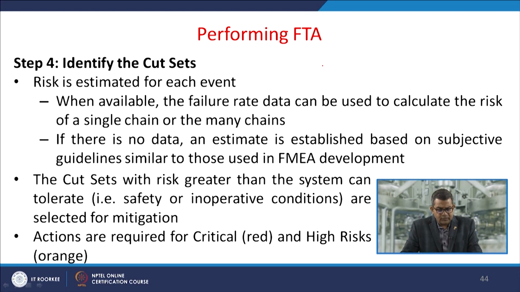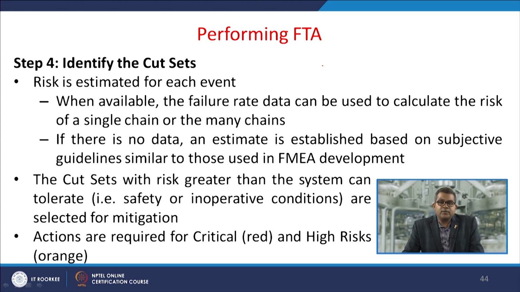The fourth step is to identify the cut sets. Now, risk is estimated for each event. So, when available, the failure rate data can be used to calculate the risk of a single chain or many chains. Now, if there is no data, an estimate is established based on subjective guidelines similar to those used in FMEA development, failure mode analysis.